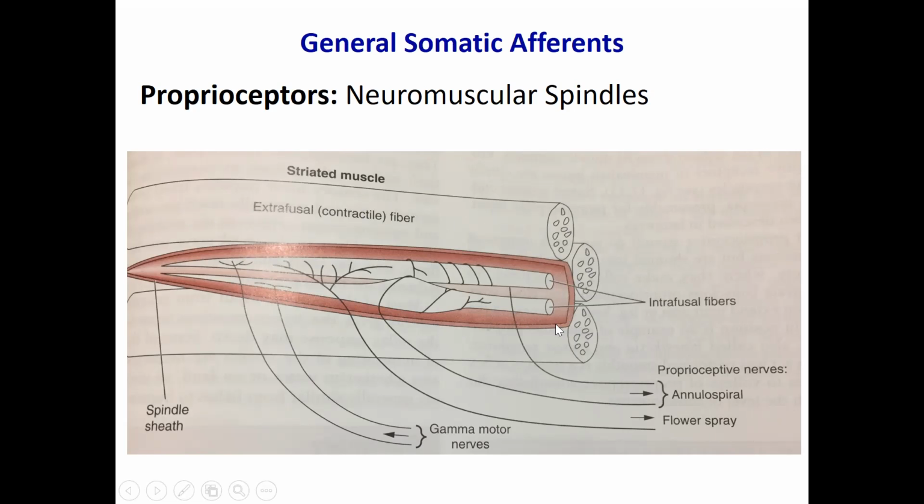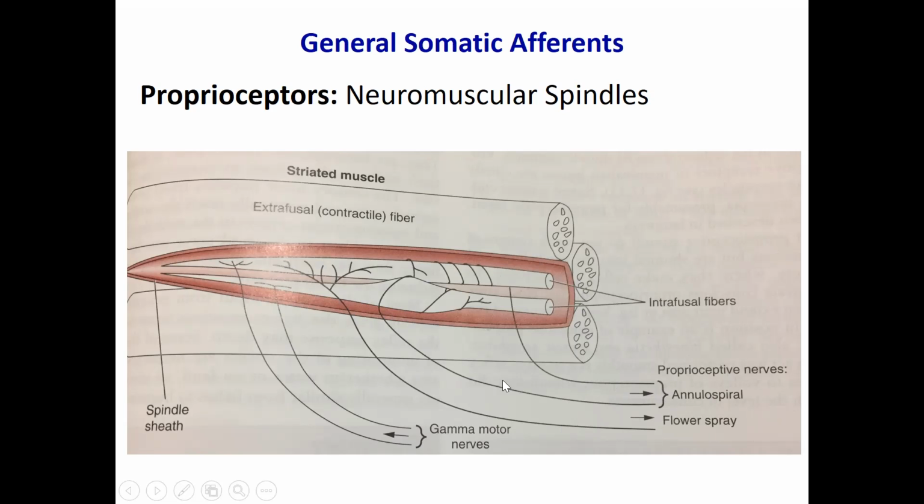Associated with these intrafusal fibers, which are enclosed in a sheath, we have certain nerve endings. Some of them are sensory, which we call proprioceptive nerves, and these are the annulospiral and the flower spray endings. Annulospiral endings are spirally organized around intrafusal fibers, and the flower spray endings scatter like a tree or plant over the intrafusal fibers.